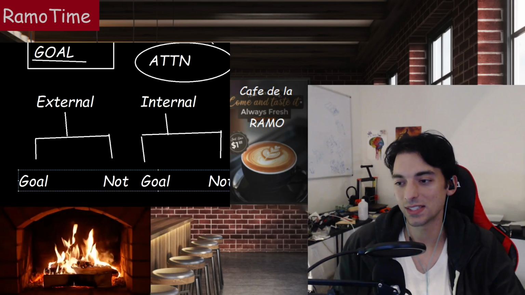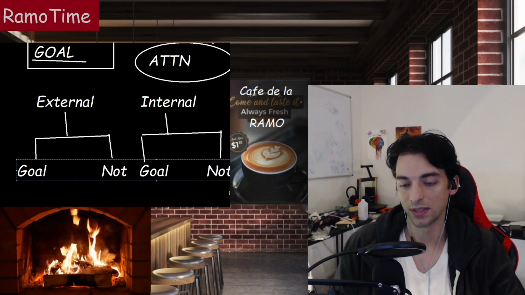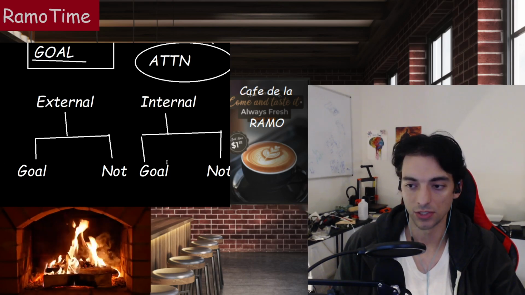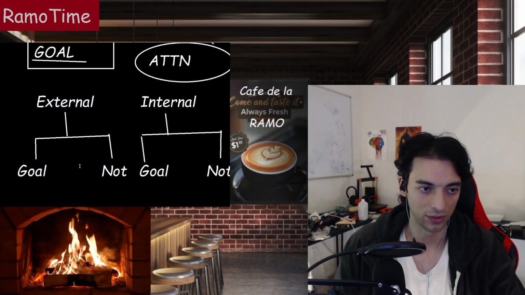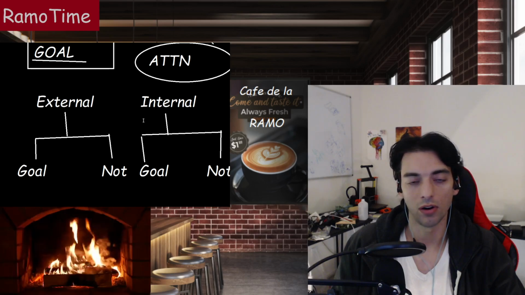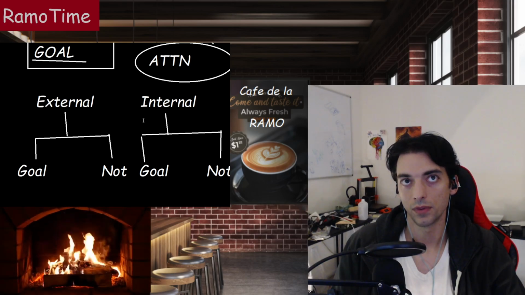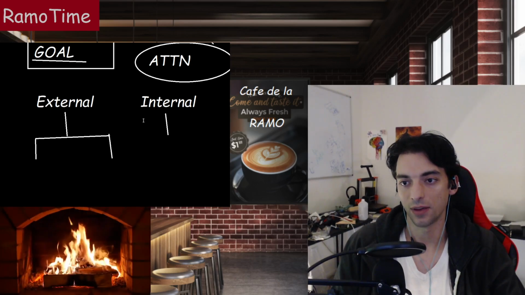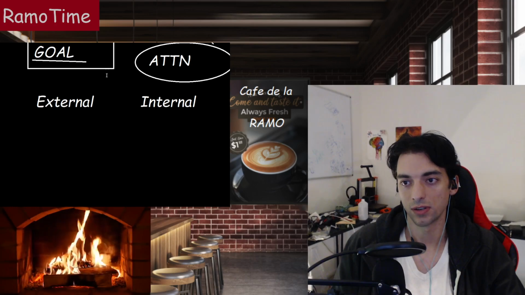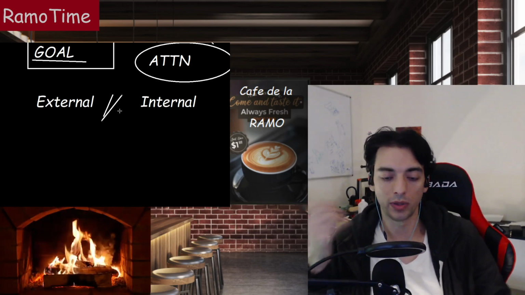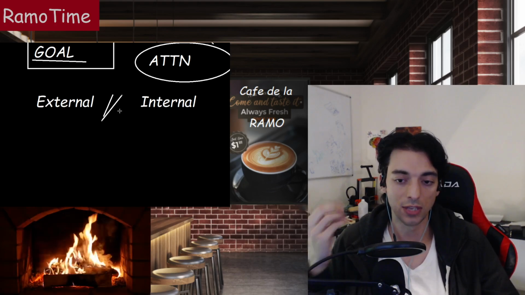Now this is a funky way to divide it, to be honest, because if you're only focused on something internal, you have an internal goal, then everything external could theoretically be a distraction. But the point is, there are two ways to divide this stuff up, which is whether things are goal related or not, and that right away you need to have a goal.